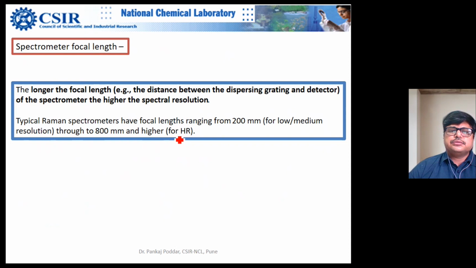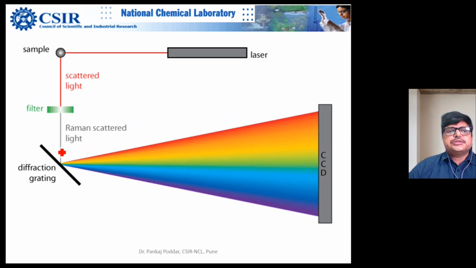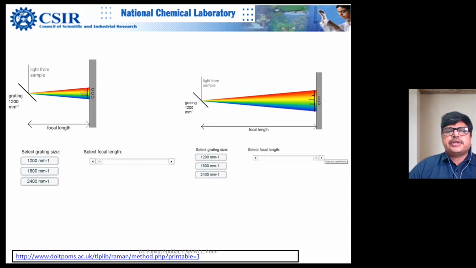Look at your own projector: when you put the screen far away from the projector, the objects look much bigger. If you keep the screen closer to the projector, the objects look smaller. So if you bring this closer, the dispersion becomes poorer, right?